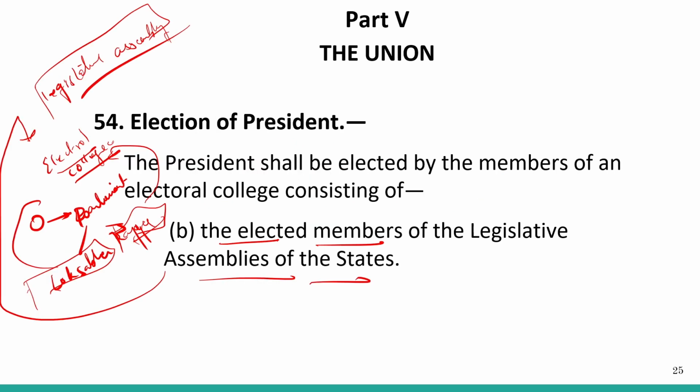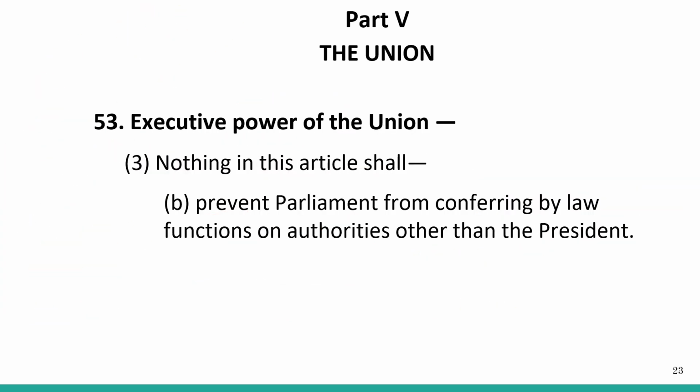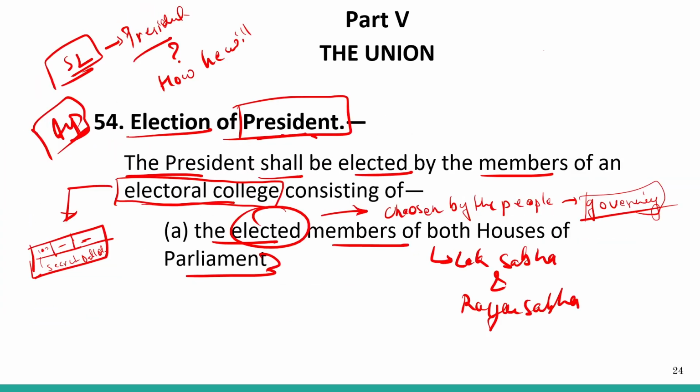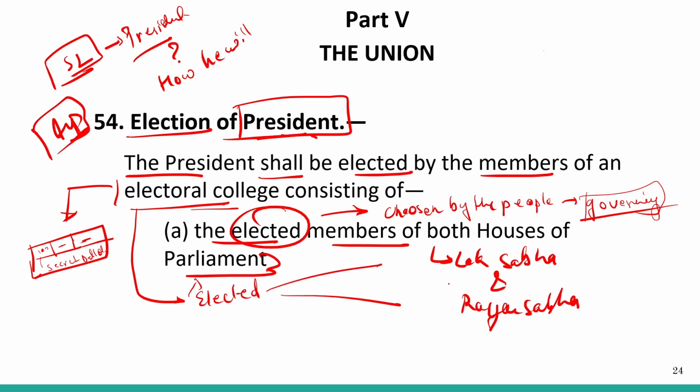Another important portion that you need to remember is, when you talk about the electoral college, what are the people who will be there? It will be first the elected members of Parliament, that is the Lok Sabha and Rajya Sabha elected members, plus the legislative assemblies of each state, elected members.